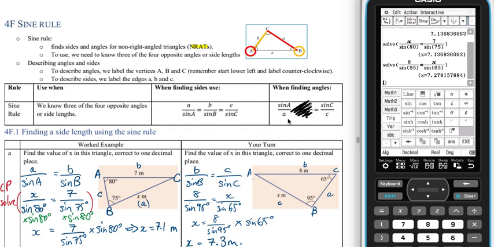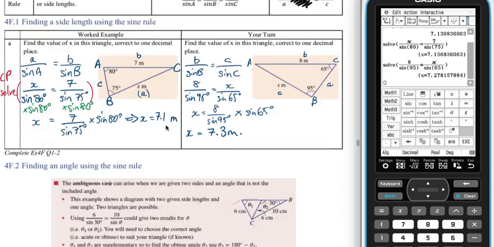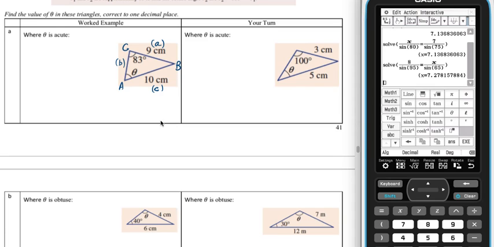Sine A over A is equal to sine C over C, because we don't care about the B's. Okay, so our first step after labeling is to write out the equation. We have that there, sine A over A is equal to sine C over C.